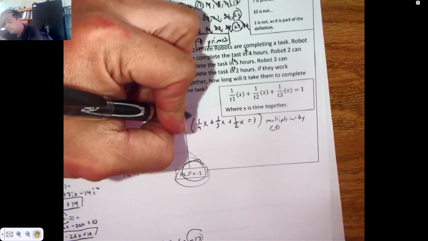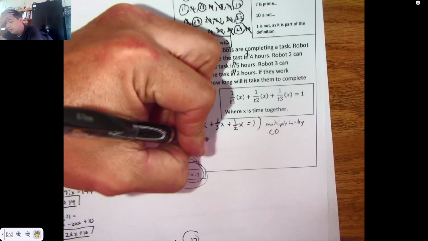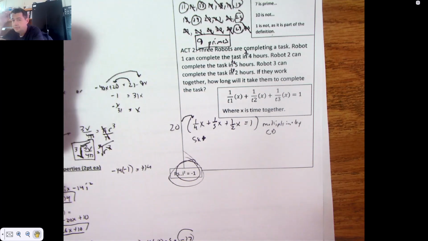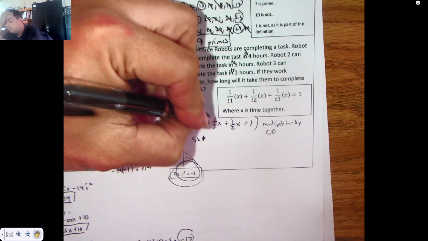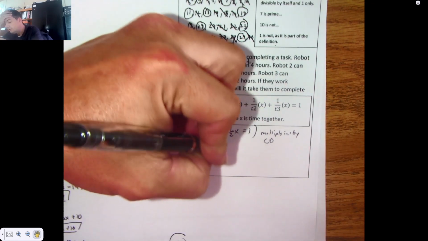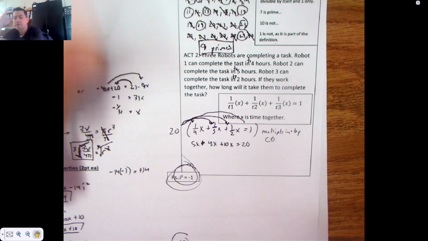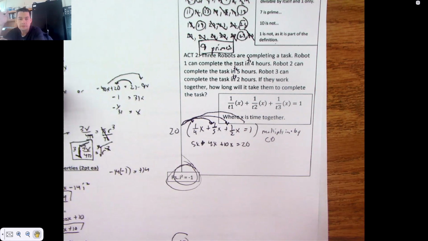So 20 times a quarter is 5. Plus, by the way, this is like fourth grade math. Maybe fifth. 20 times a fifth is 4. 20 times a half is 10. 20 times 1 is 20. I took something ugly and made it something easy.